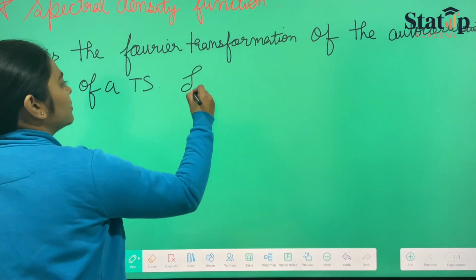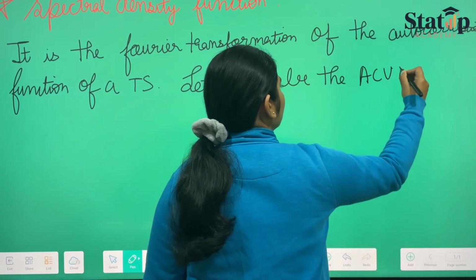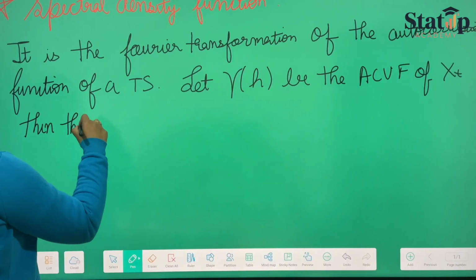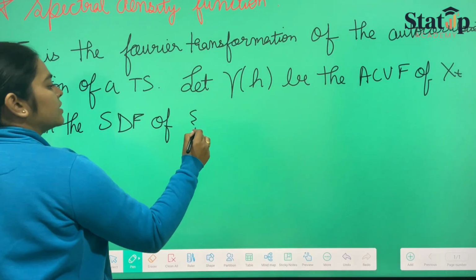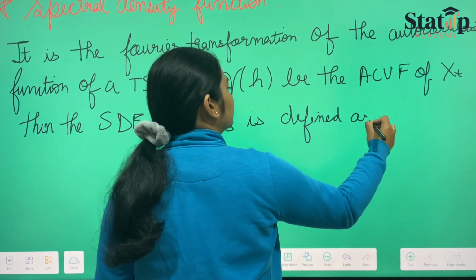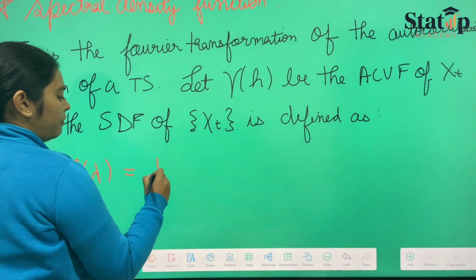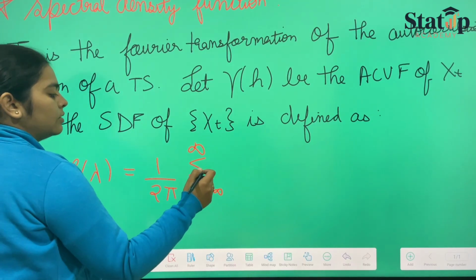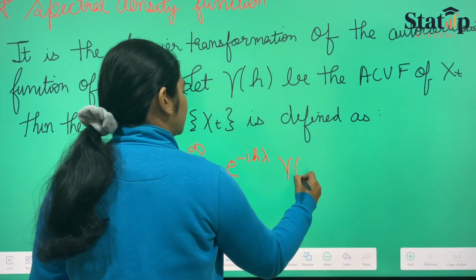So let gamma h be the autocovariance function of time series xt, then the spectral density function, I am writing it as SDF of xt, which is the time series, is defined as f lambda equals 1 upon 2 pi summation h goes from minus infinity to plus infinity e raised to the power minus i h lambda gamma h.